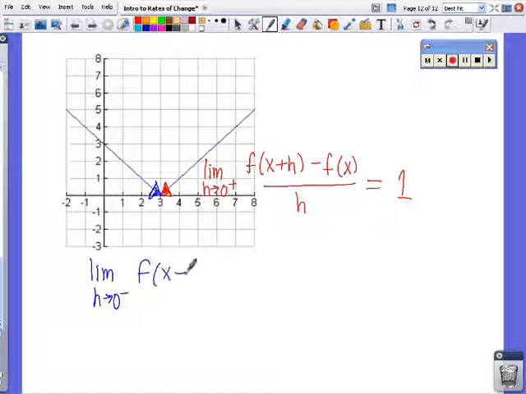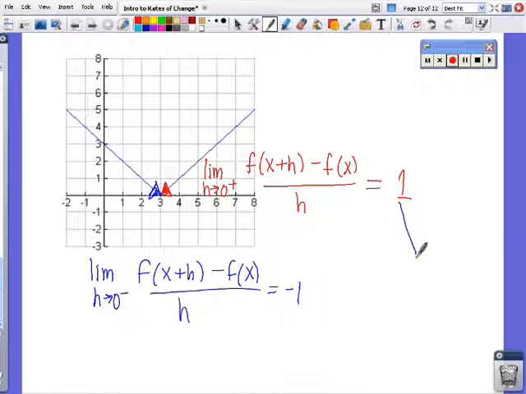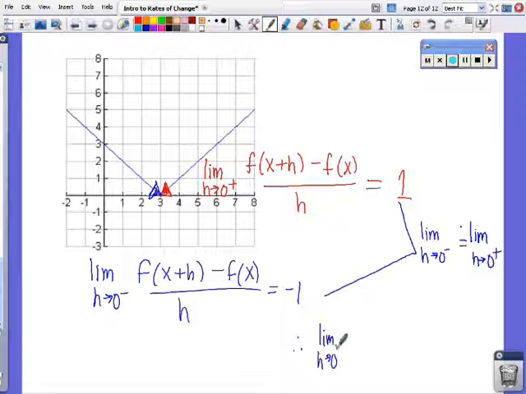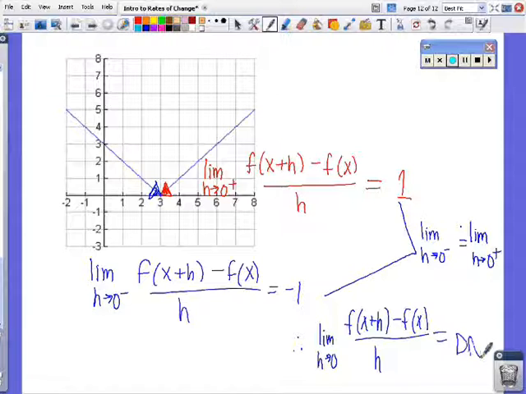We know that if the left-handed limit, and I'm going to abbreviate so I don't have to write out the whole entire difference quotient, if that equals the right-handed limit, then the limit exists. Well, in this case, we have negative 1 and positive 1. Therefore, the limit as h goes to 0 of f of x plus h minus f of x over h does not exist. What that tells us is that the slope at x equal to 3 does not exist.